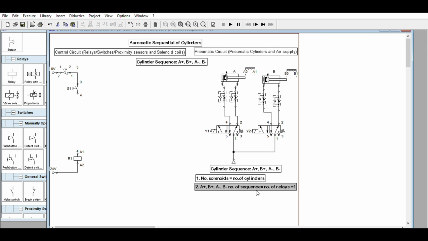We can add that later if we are making the electrical circuit. Let's say the number of sequences is equal also to the number of sensors. So we will add some later.